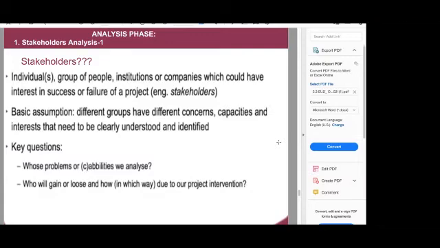So if you look at the concept call for Malawi, the one that was sent out, a quick question would be, who are the stakeholders in that call? If you are to respond to that call, who could be the stakeholders?